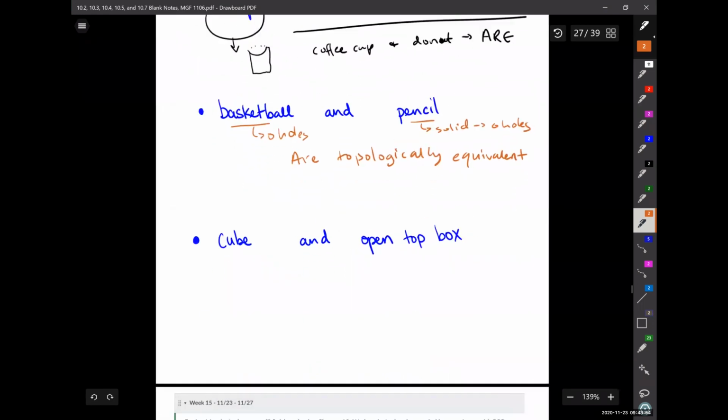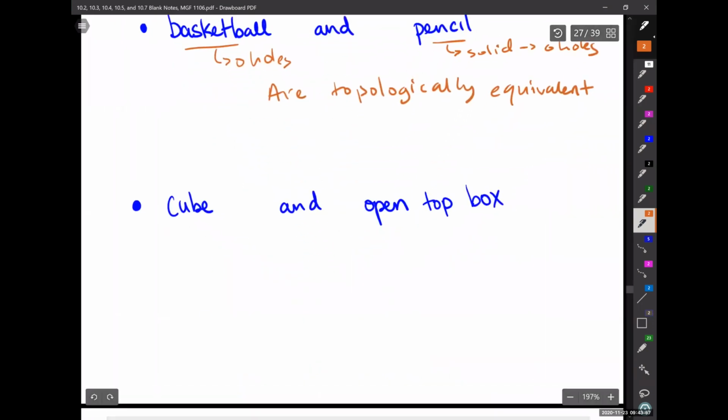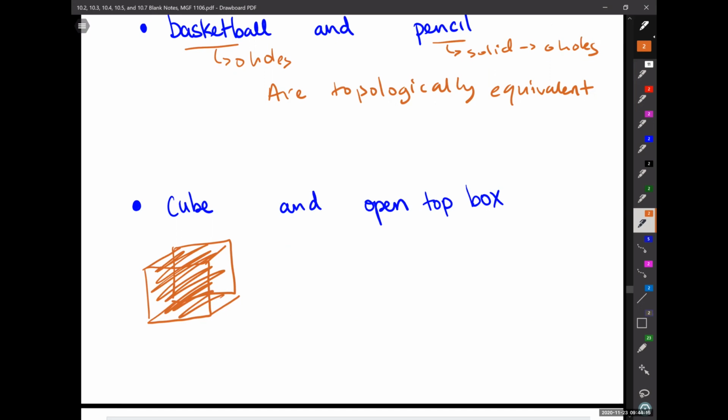Now our next one is a cube. So a cube is just a box where all the sides are equal. And whenever we say cube, it's implied that it's solid in nature, so all of this is filled in. And then they phrase it as an open top box. Take a moment to try to visualize that description.